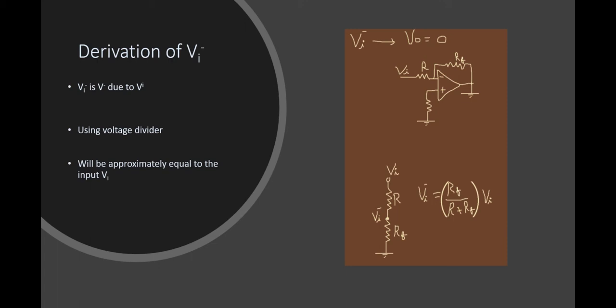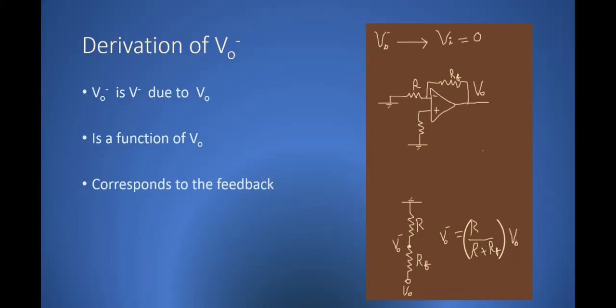So once we have found the expression for Vi minus, that is the contribution of Vi to V minus, we can proceed to find the contribution of V naught to V minus, which represents the feedback term. So here we have V naught minus, which is V minus due to V naught, and this can be found by making Vi equal to 0, that is by grounding Vi.